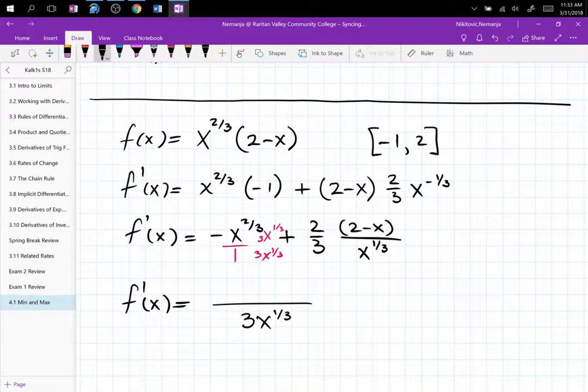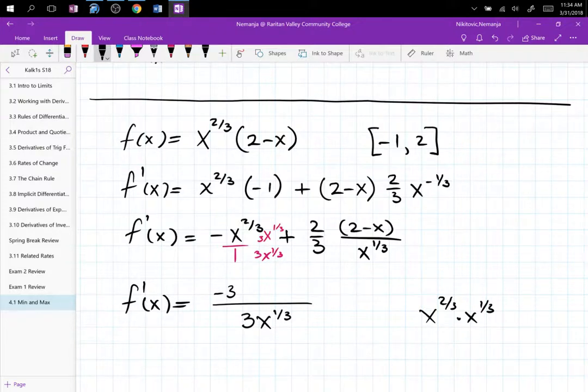In the numerator, you have -3, and now x to the 2/3 times x to the 1/3, right? What do we do with this? You add the exponents. So 2/3 plus 1/3 is what? 1, right?